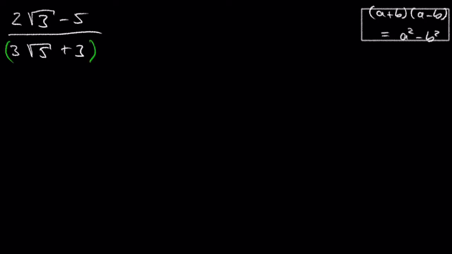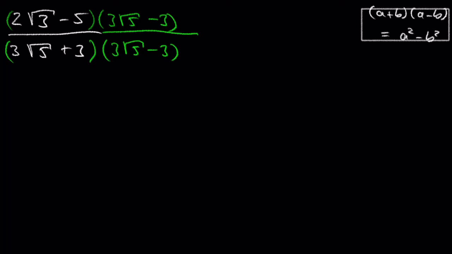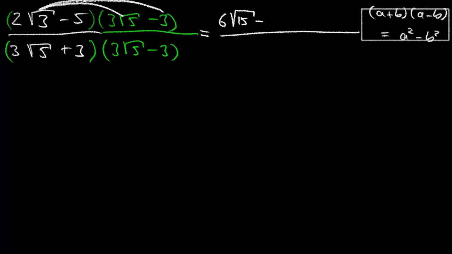The conjugate of 3 times the square root of 5 plus 3 is 3 times the square root of 5 minus 3. 2 times the square root of 3 times 3 times the square root of 5 is 6 times the square root of 15. 2 times the square root of 3 times -3 is minus 6 times the square root of 3. -5 times 3 times the square root of 5 is minus 15 times the square root of 5. And -5 times -3 is plus 15.